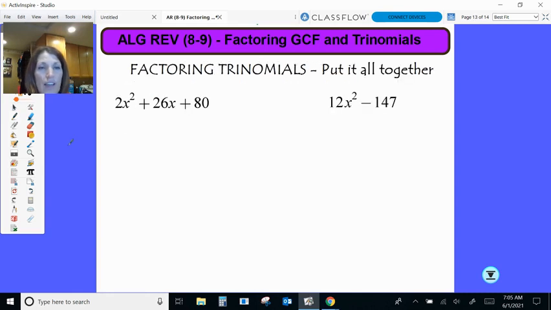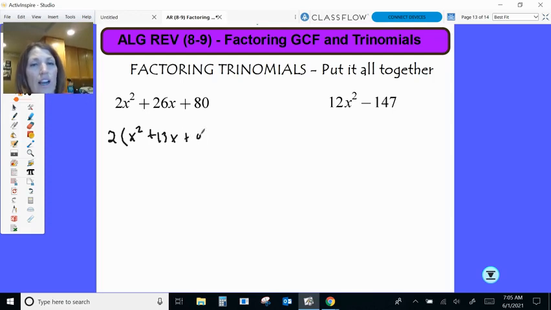Now, if we just put that all together, we always want to take our first step is looking, going, oh, we have a greatest common factor here, so I'm going to factor out a 2, because factoring right here, we'd have to go 2 times 1 times 80 is 160, and do all that craziness. But if you just factor out a 2 right here, then we end up with a nice 2x squared plus 13x plus 40, and that's so much easier to factor because now I have one of those trinomials that have a 1 in front of it.